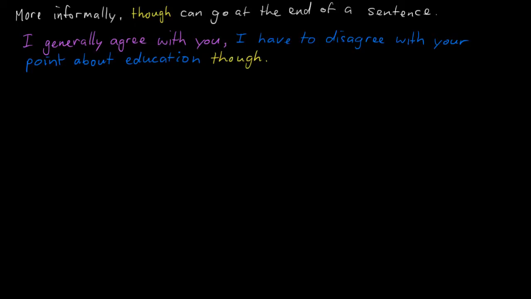Let's look at the next. I'll just point out that where the purple clause is, the subordinate clause, I could have placed the blue clause there, the main clause, and moved the purple one behind. It wouldn't matter. So it could have been, I have to disagree with your point about education, comma, I generally agree with you though. So though just simply goes at the end regardless of the other two clauses in this informal form.